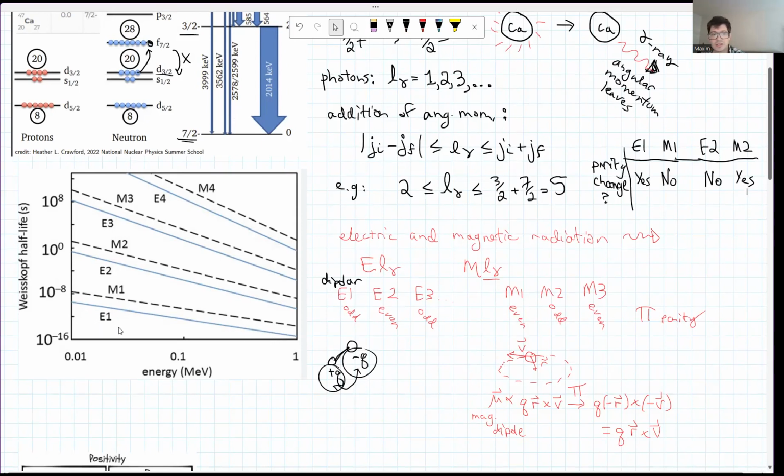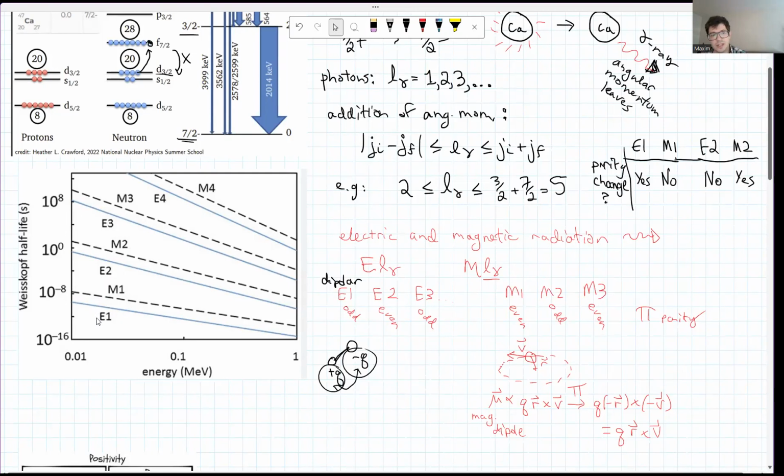You can see the fastest transitions are of course the E1 and M1, because they don't correspond to a lot of angular momentum being carried away. It's generally the case that photons do not want to carry away a lot of angular momentum, because that corresponds to a complicated radiation that's difficult to generate in terms of probability. The most likely thing to happen is that you carry away just a little bit of angular momentum.